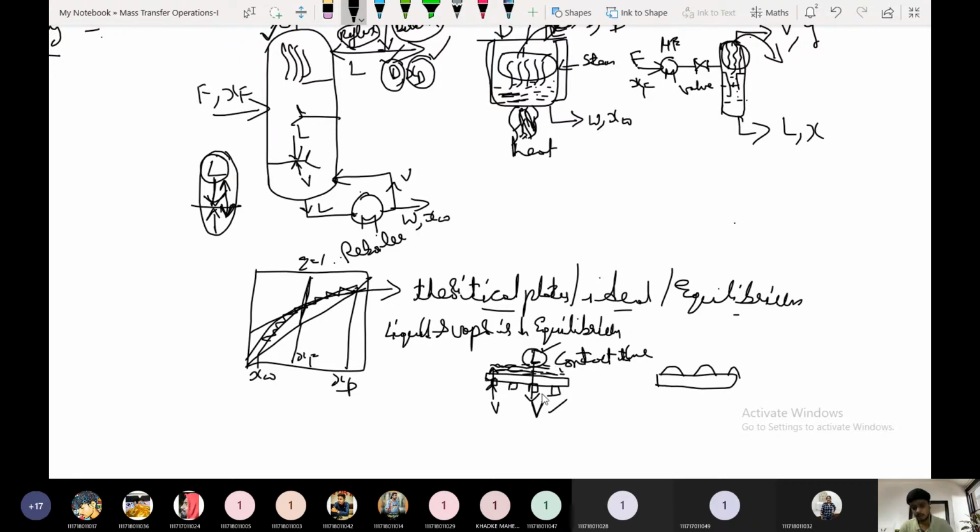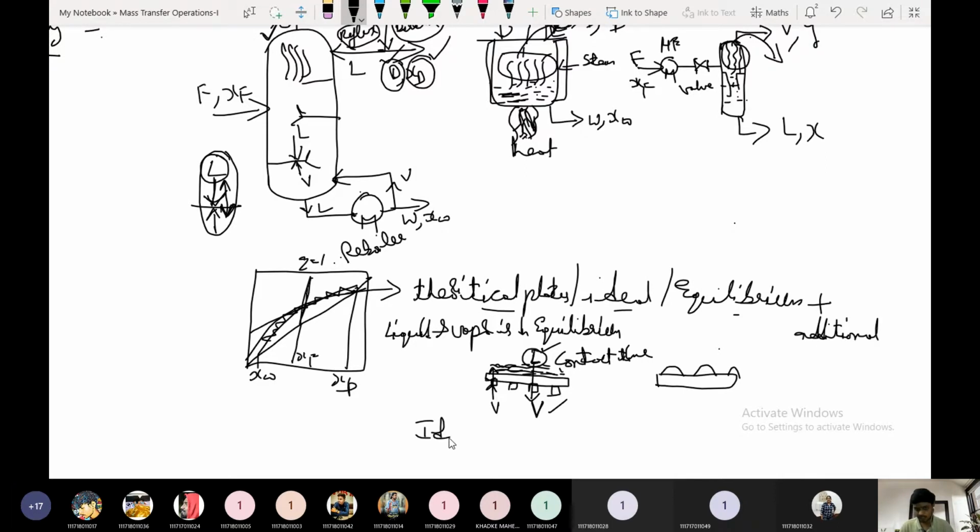To reach towards the equilibrium, we will provide some additional plates. So additional plates we will supply in the real situation.